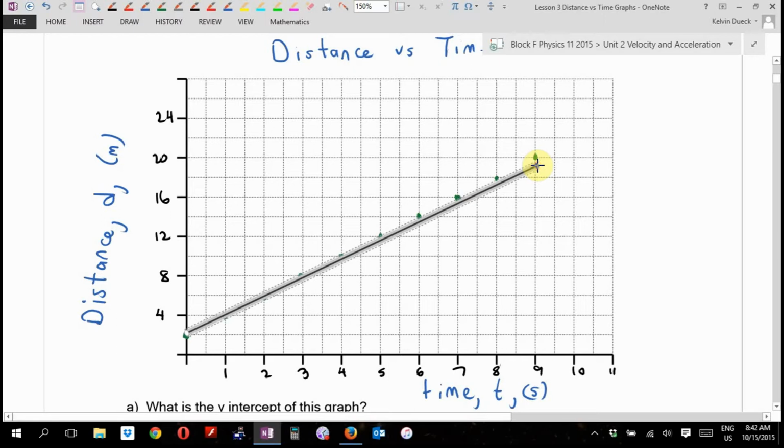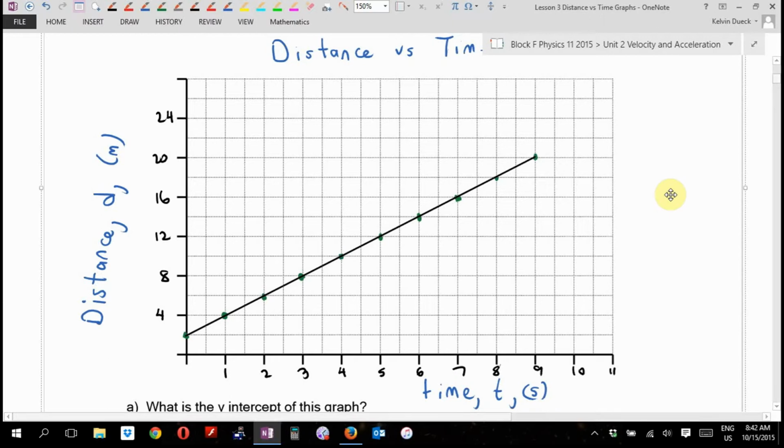It moved, darn you. And then this one's a bit off as well. Look at that. There's my line of best fit.